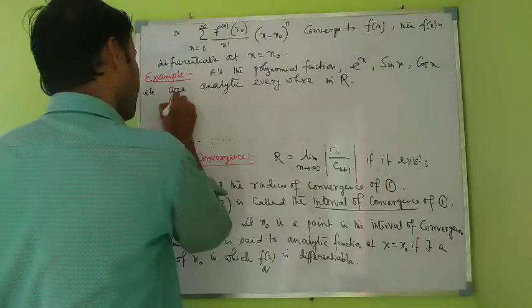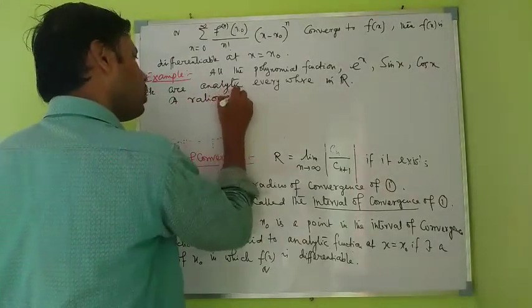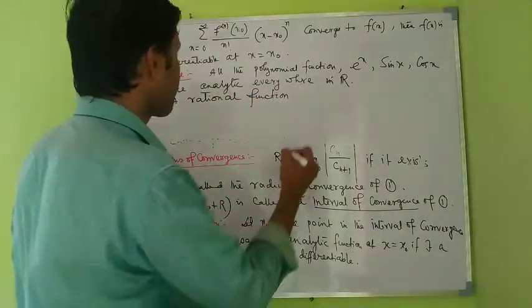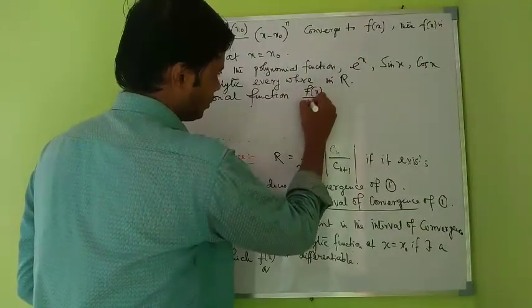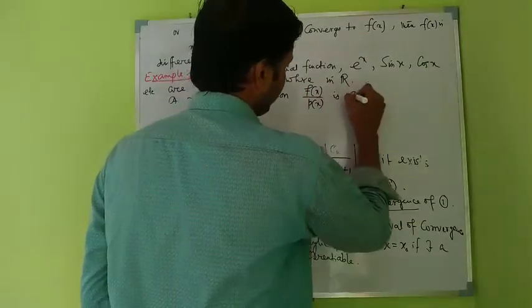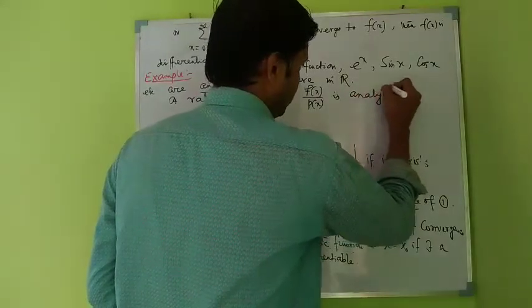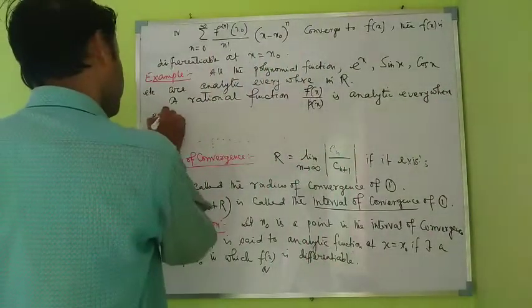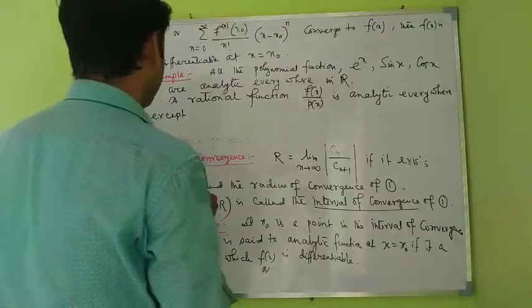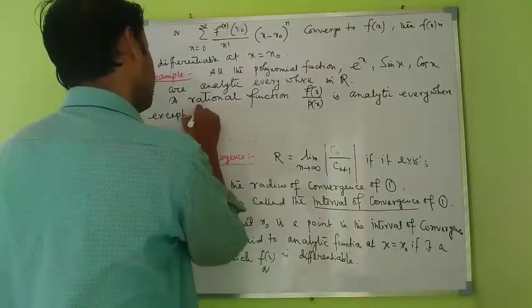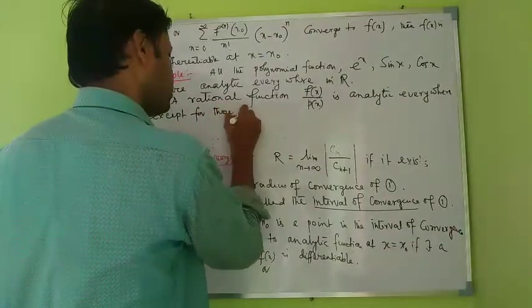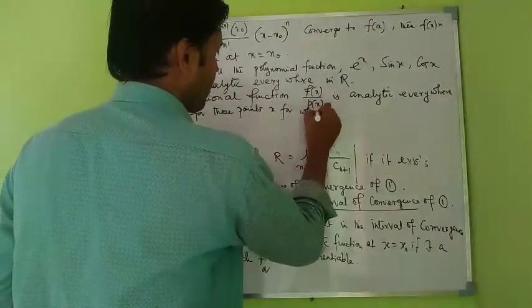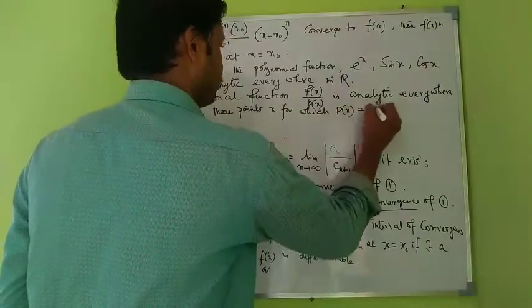A rational function f(x) by p(x) is analytic everywhere except for those points x for which p(x) equals 0.